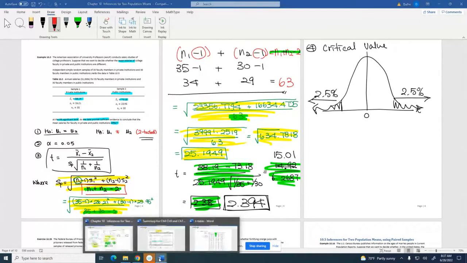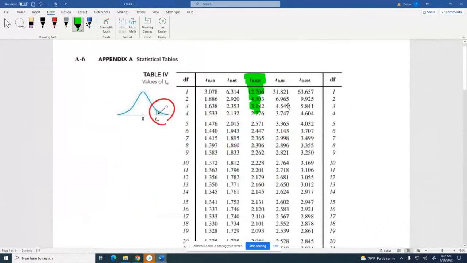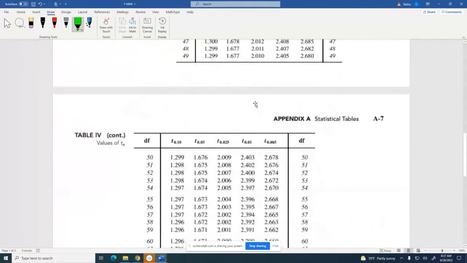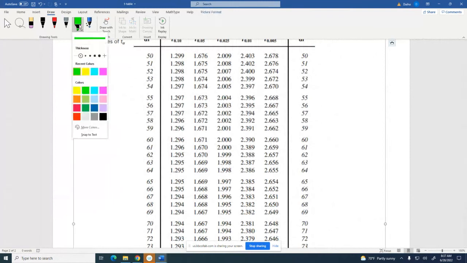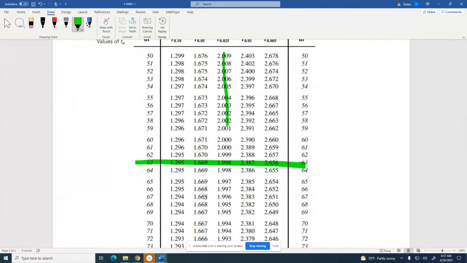So let me go to the t-table. Yeah, we need the t-scores from the middle column, and the degree of freedom, we got 63. So going down to the next page, here's the 63. In the middle, there is the t-score, 1.998. Does it make sense?